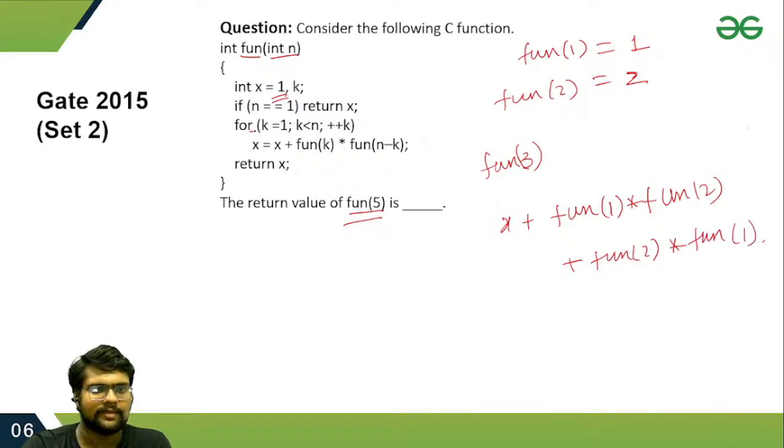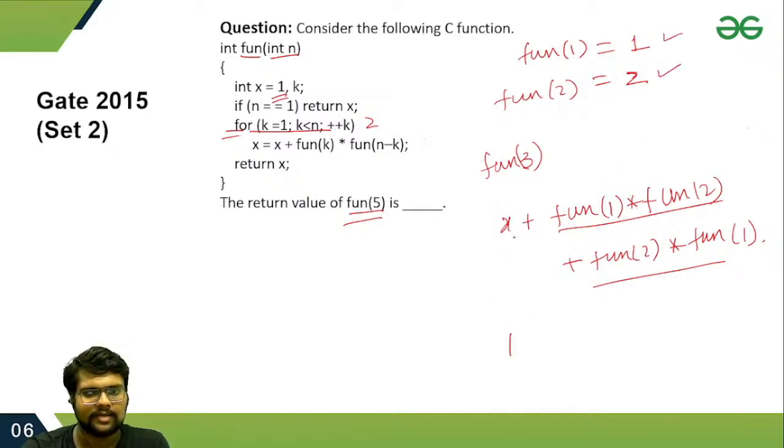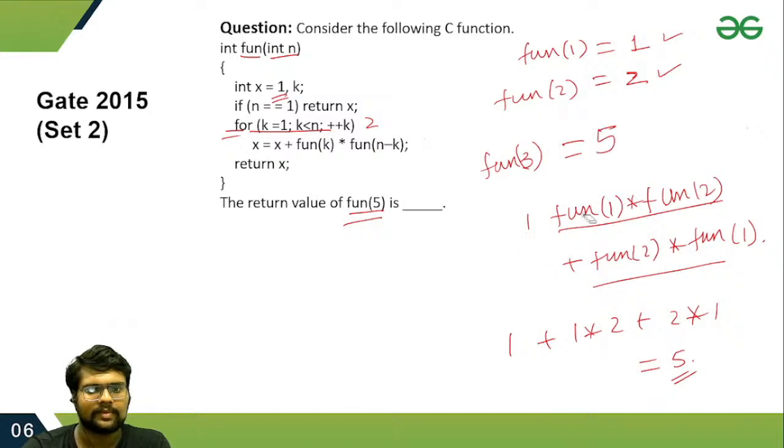I have just opened the for loop here because it will run 2 times, and this will be the result. So we have the values of 1 and 2, so we will just calculate it. So x is 1, plus 1 into 2 plus 2 into 1, so it will be 5. So fun of 3 will be 5.